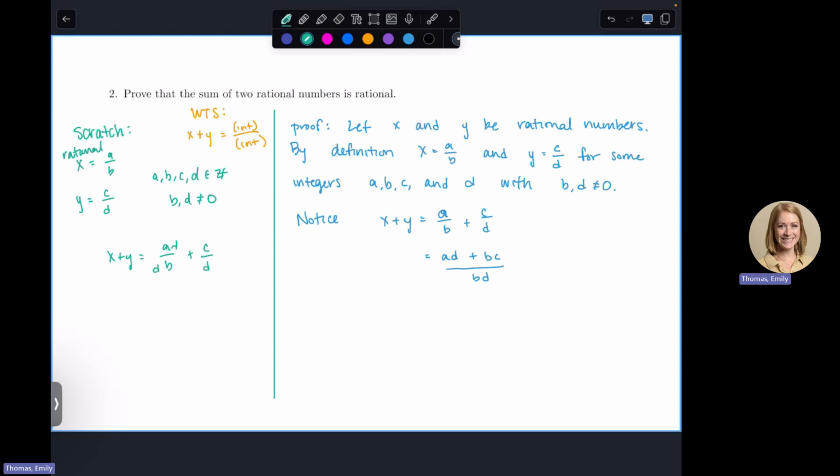This needs a d, this needs a b. So ad plus cb over db, or bd. Okay. Would you do ad plus bc over bd? ad plus bc and bd are integers.